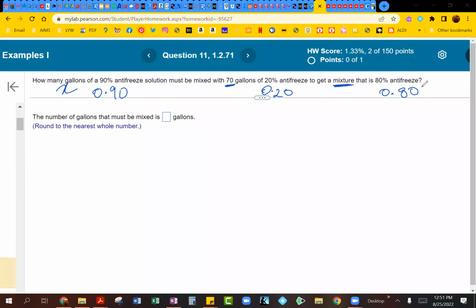There you go. Now the mixture, how many gallons will the mixture be? You're not cooking anything, there's no evaporation. It's a mixture of the two liquids put together.